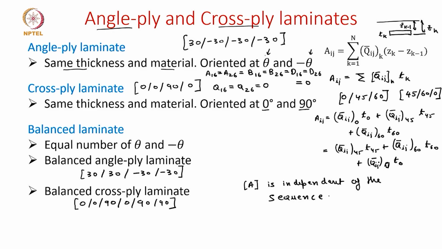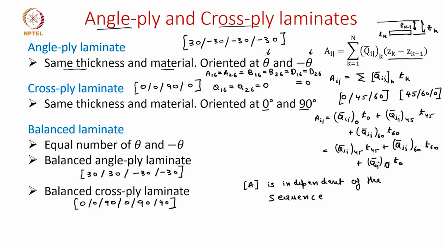We have shown the reason why it is independent of the stacking sequence: the term Zk minus Zk minus 1 signifies the thickness, and it doesn't matter whether the thickness is coming from the bottom layer, the top layer, or too far or too close to the mid surface. The thickness value will remain the same, so it is independent of the sequence. But we cannot say the same for the B matrix and D matrix, because they are far.